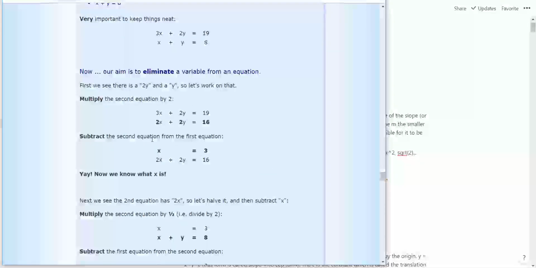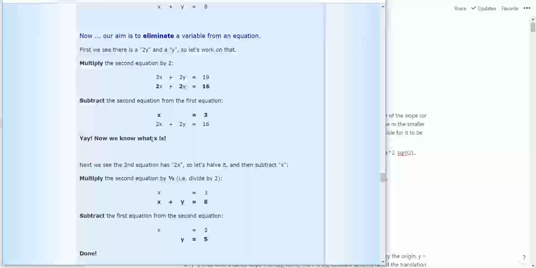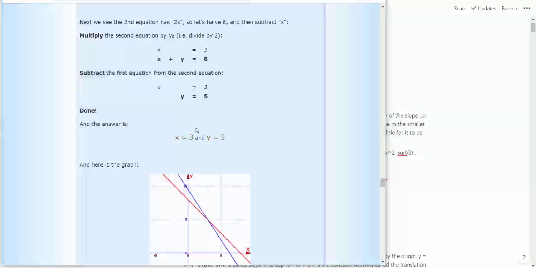Now we see that this has 2x, so let's halve it. Wait a second. So when we do this, we've actually eliminated it. So that's 1x equals 3. Okay, just substitute it here and then work our way.